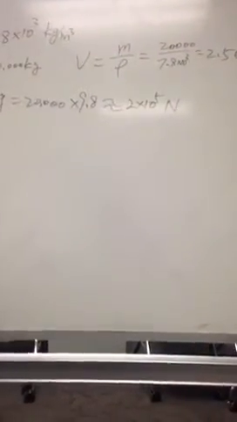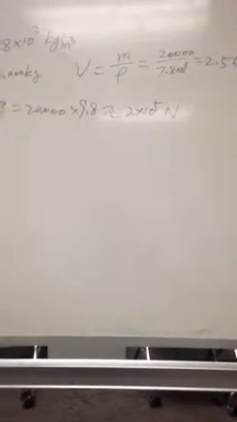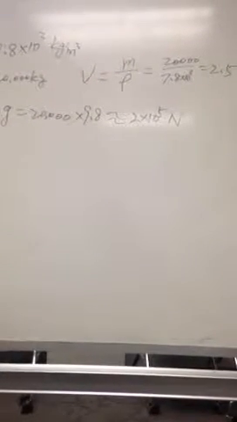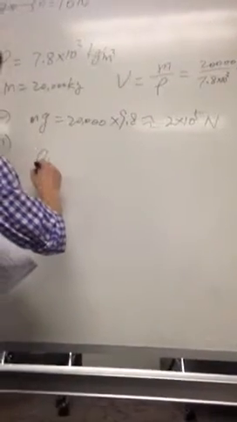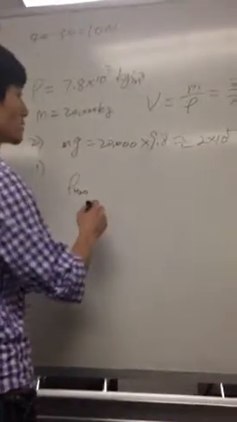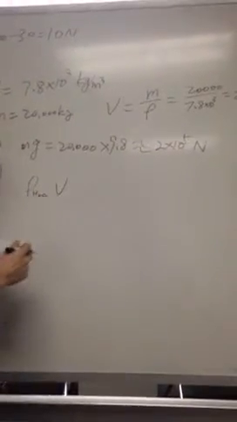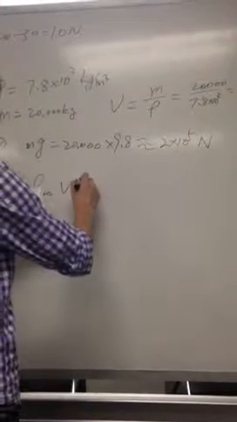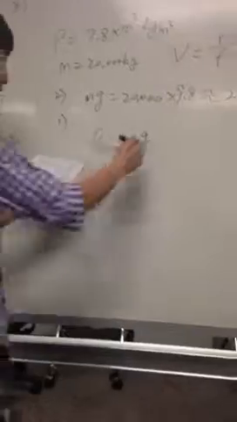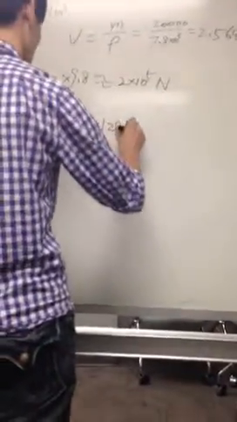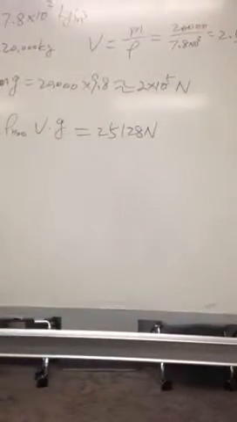And number 1 is when it's submerged in the water. And there is a force from the water, which should be the density of the water times the volume times G, okay? That's the force from the water. And if you plug in the numbers, you get 25,000 Newton.